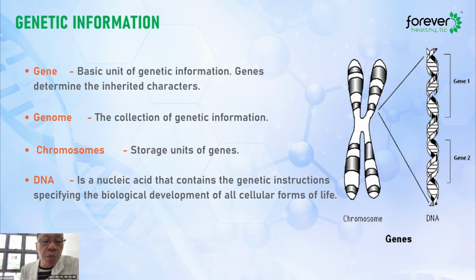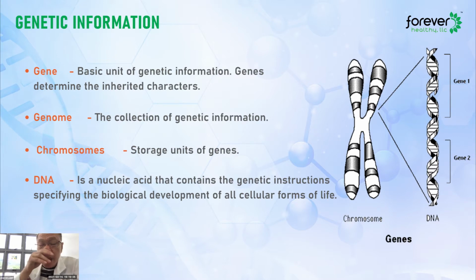And that genome is housed in the chromosomal structure called chromosomes. Chromosomes are a conglomerate of genetic material, DNA plus proteins, organized into 46 chromosomes in the human body. They are the storage units of all the genes.